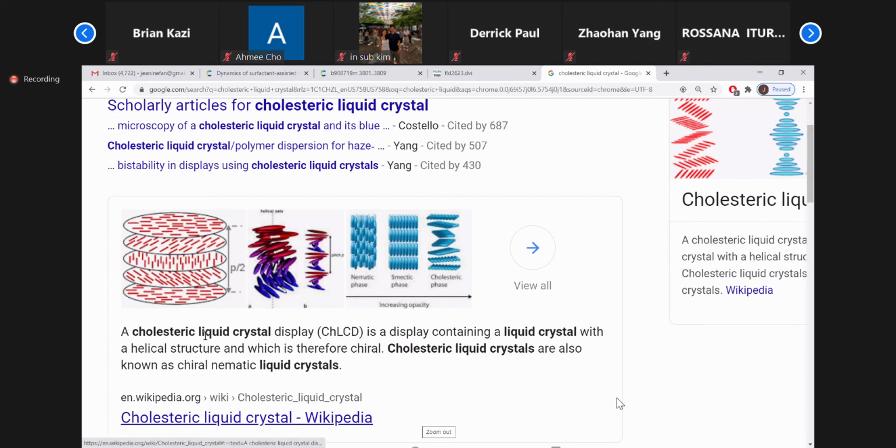For example, for a cholesteric liquid crystal, the molecules are all in different layers. Many of them have a roughly rod shape, although it's a molecule.